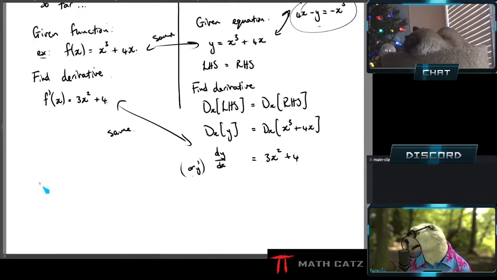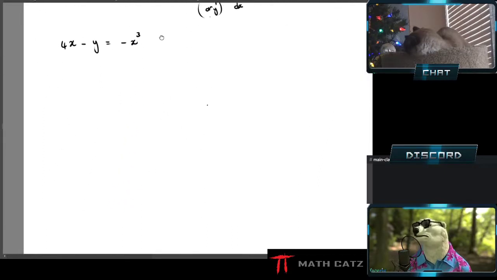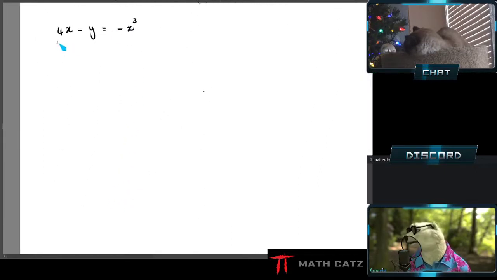I'm going to peek ahead. 4x minus y equal to negative x cubed. I just see it as a left-hand side and a right-hand side of an equation.